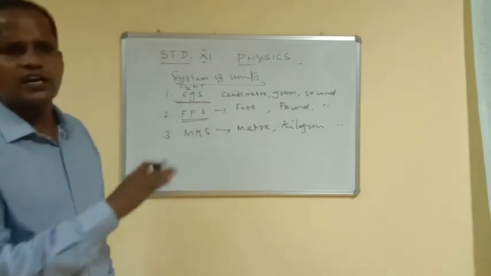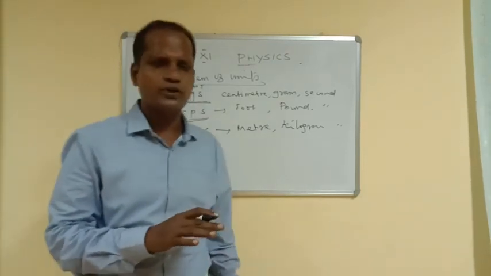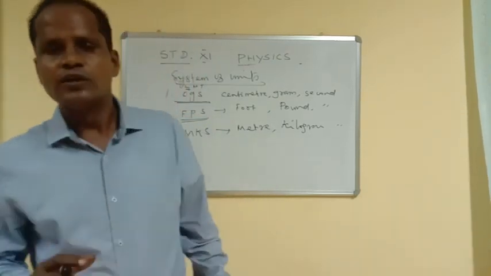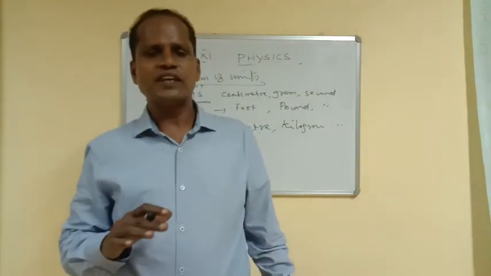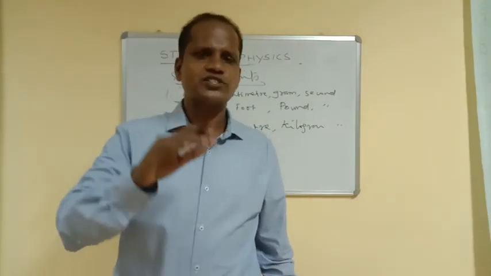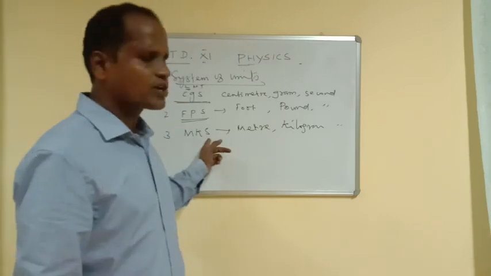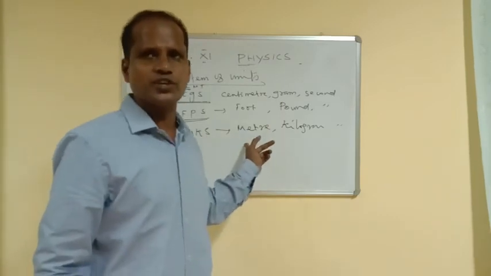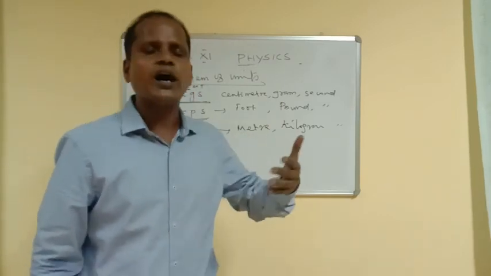Okay, so these are the commonly used three systems of units. Internationally they have accepted the MKS system, otherwise called the SI system of units. So this has some advantages.